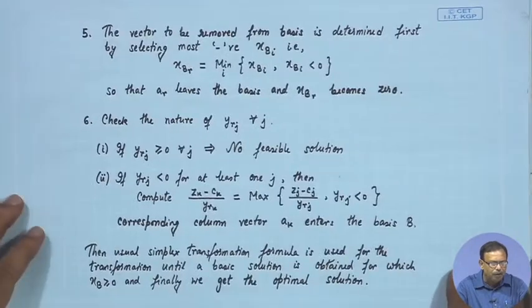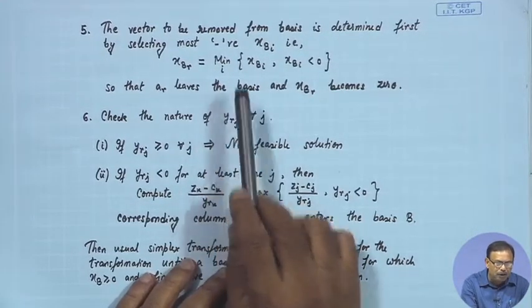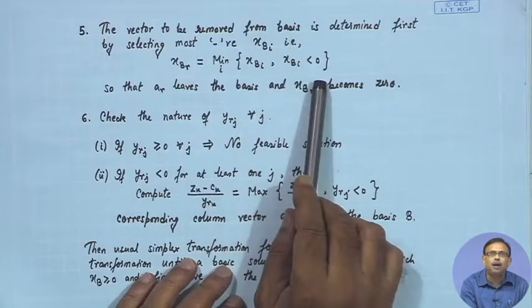Here you see the vector which has become negative, that vector in step 5 can be removed from the basis. This is determined first by selecting the negative x_Bi, that is x_Br equals the minimum of x_Bi.